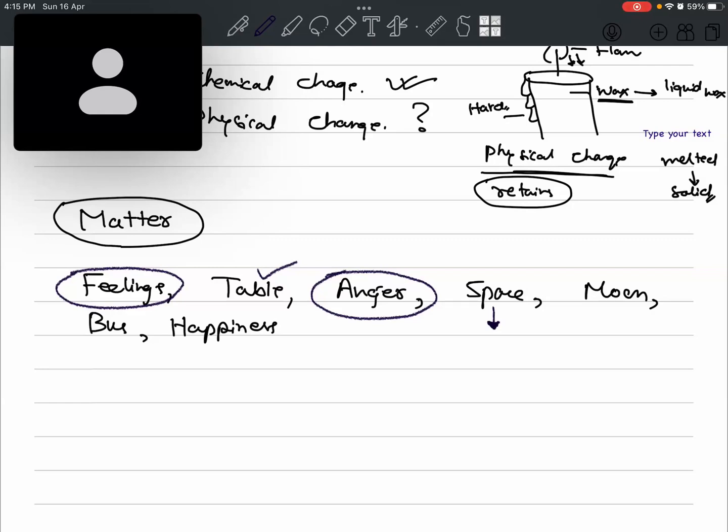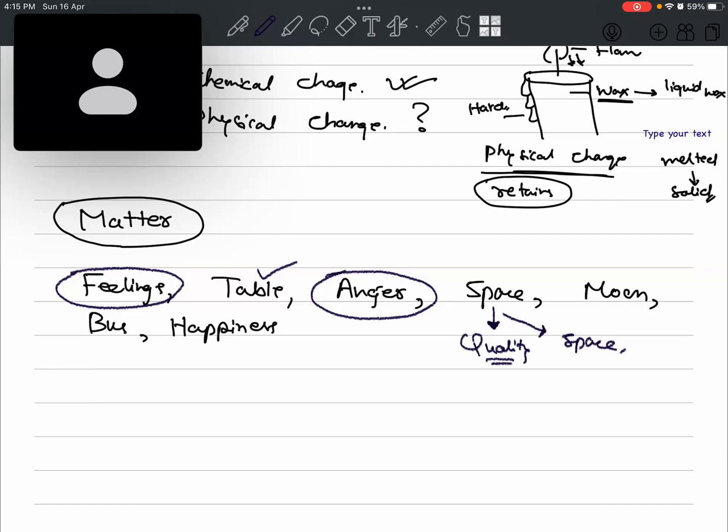It doesn't have a mass. Matter has mass. Space is occupying an area only, but it does not have a mass. So space here is a quality.